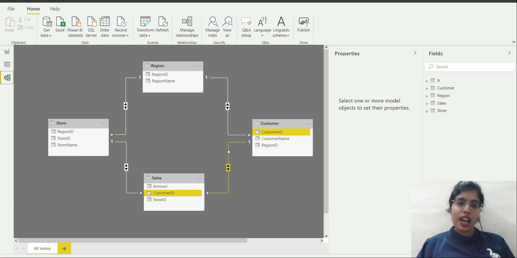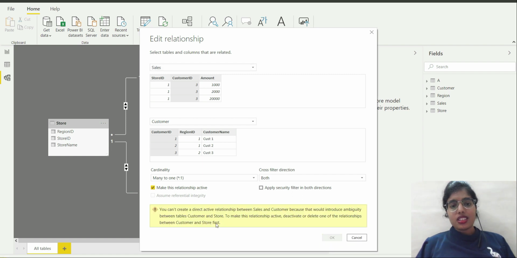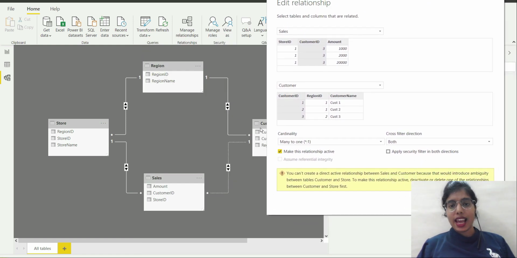Suppose I double click on this and click to make this relationship active. I am getting this answer over here. You can't create a direct active relationship between sales and customer, because that would introduce ambiguity between tables customer and store. So again, the model will have two paths, and the tool will not know which path to follow from store to customer.